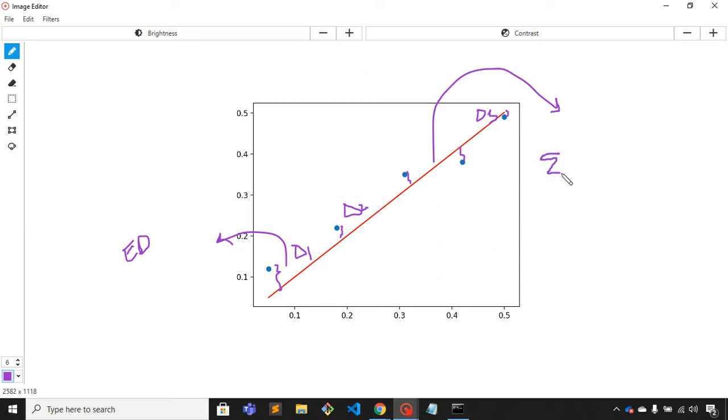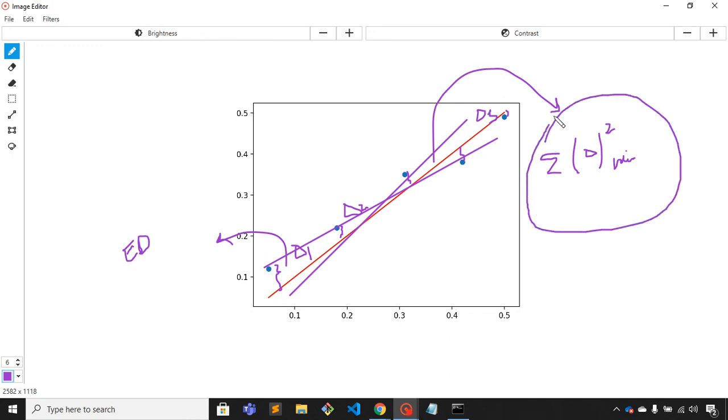This is the idea of the red line, because we can have n possible lines. This is the first possible line, this is the second possible line. The red line is drawn in such a way that this sum is minimum. This is the basic idea of how linear regression works.